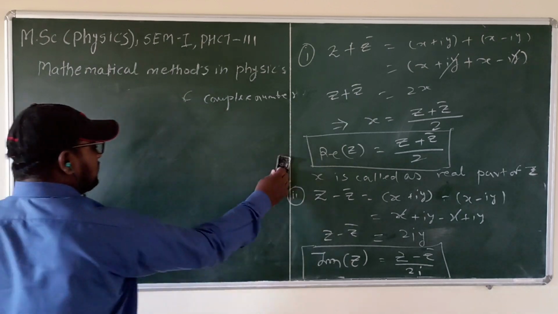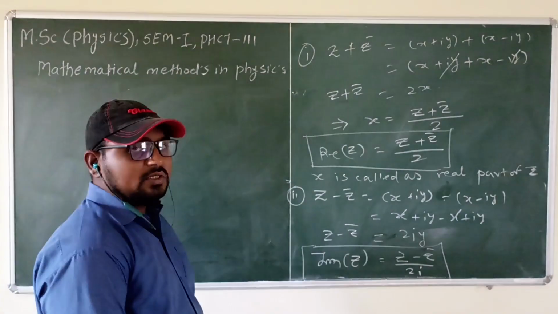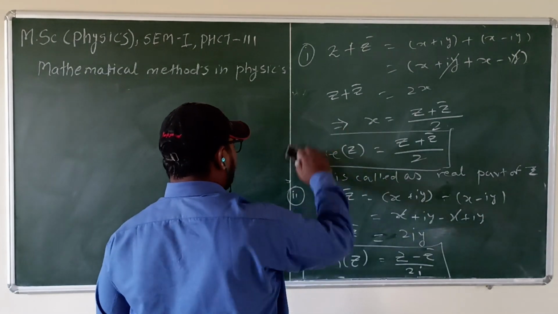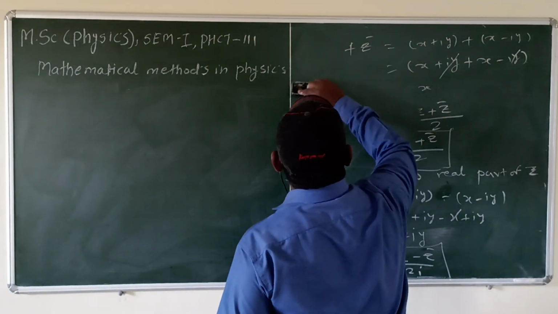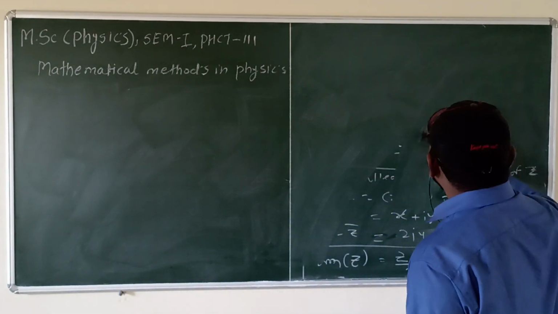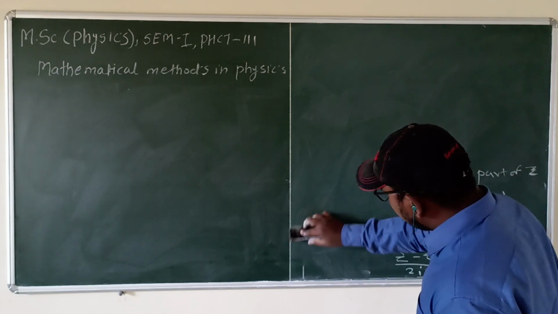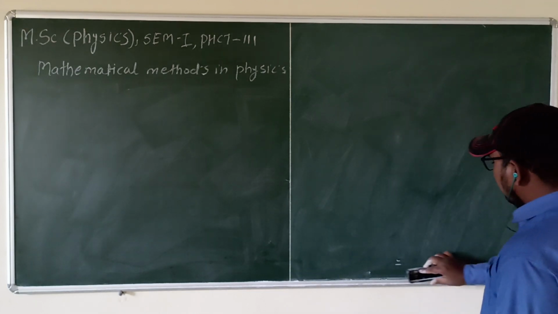Now we will discuss the graphical representation of a complex number in the complex plane. In Cartesian coordinates, we use three dimensions like x, y, z axes.